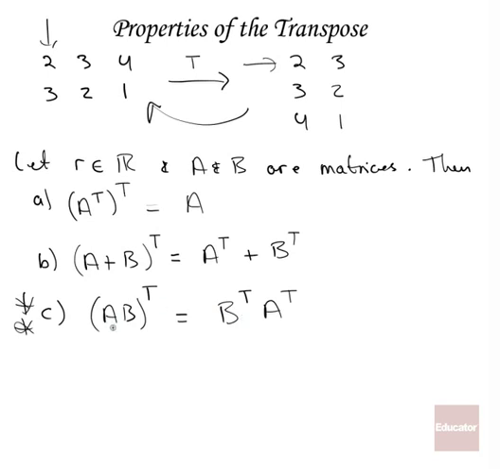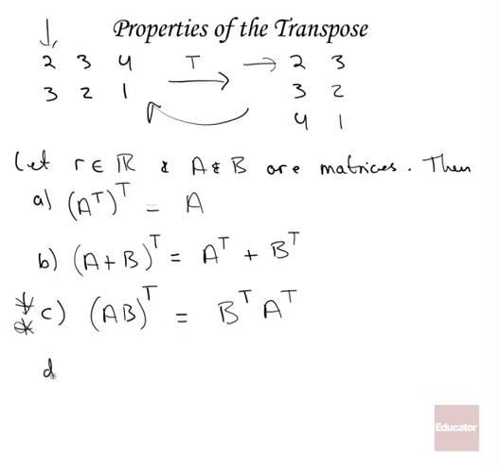Notice here the order, A plus B first, A transpose first, B transpose, the order is retained. Here the order is reversed. You have to take the transpose of B first and then multiply by the transpose of A. That's what makes the equality hold.